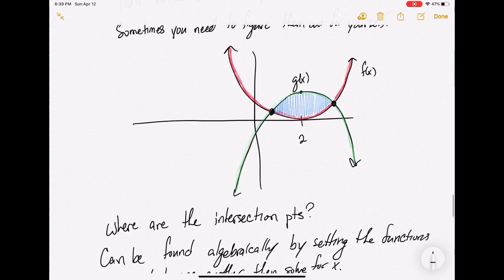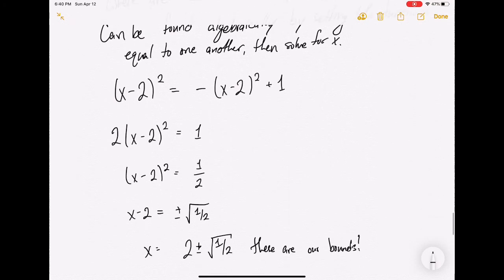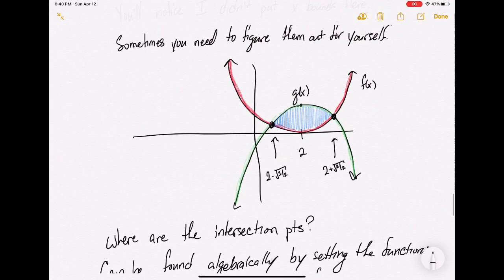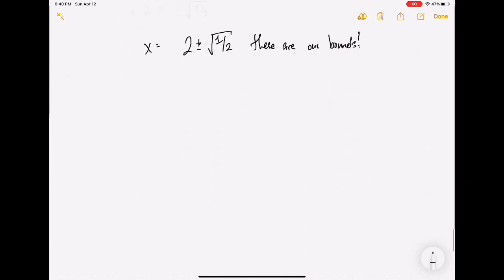So if I scroll back up here, that's telling me that this point is 2 minus the square root of 1/2, and this point is 2 plus the square root of 1/2. And so then what is the total area? Well, total area, I'll denote that TA.